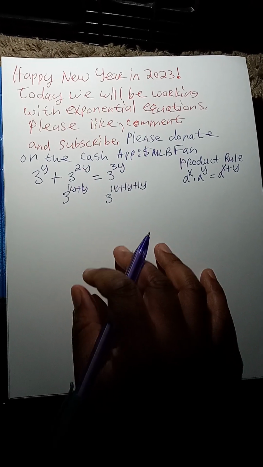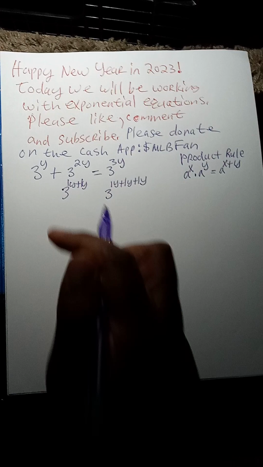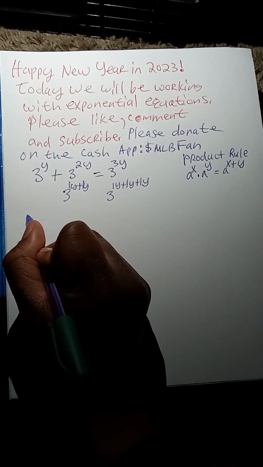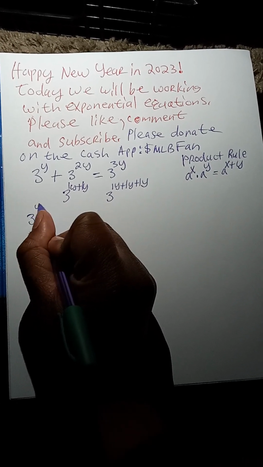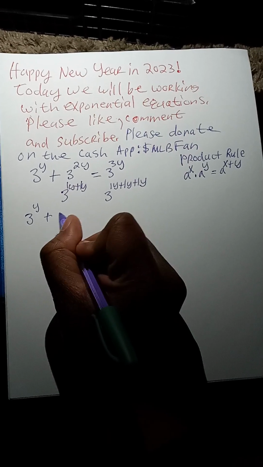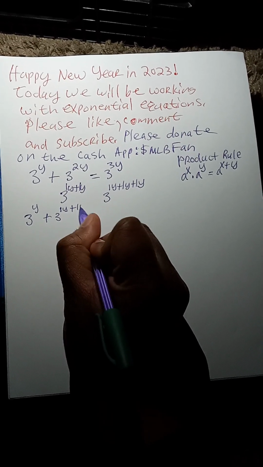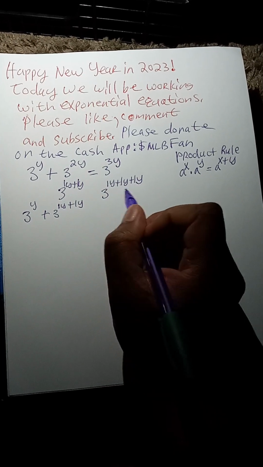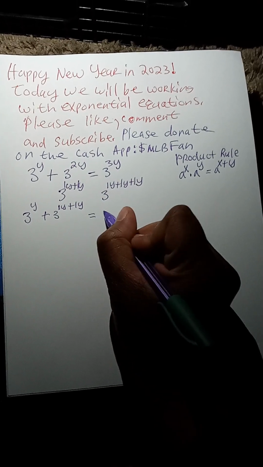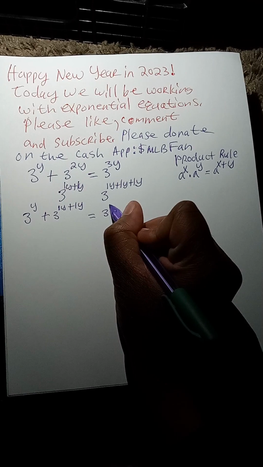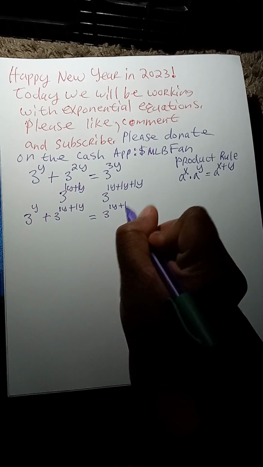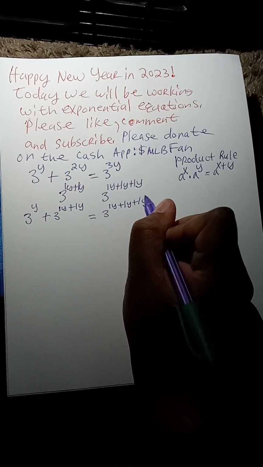So now we have adjusted this. We have 3 to the y plus 3 to the 1y plus 1y is equal to 3 to the 1y plus 1y plus 1y.